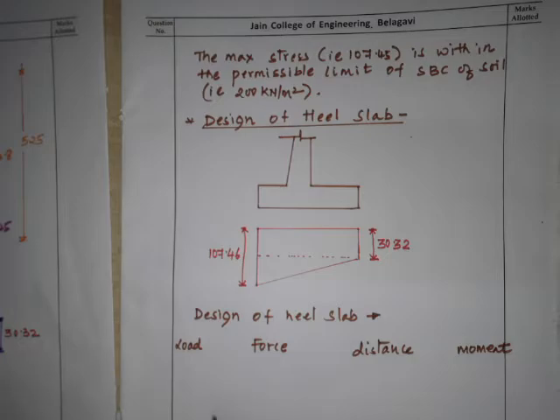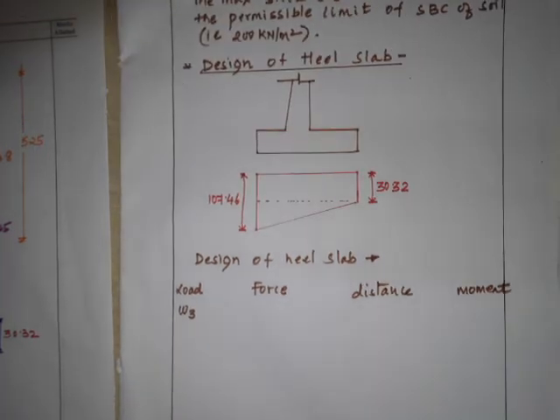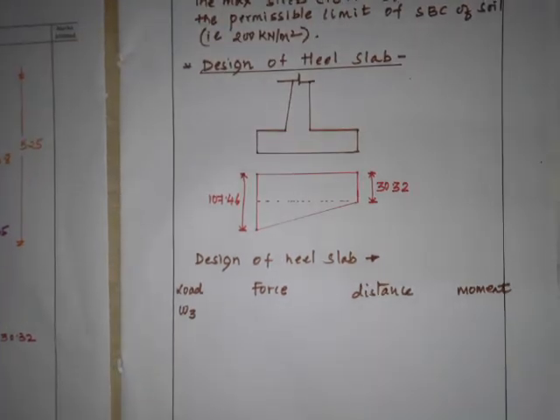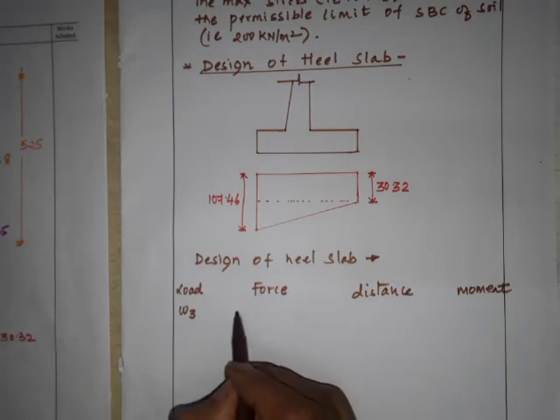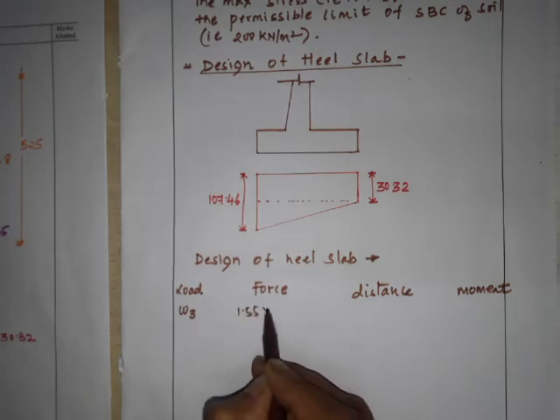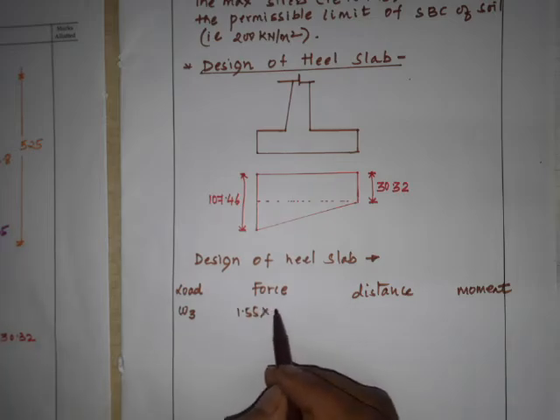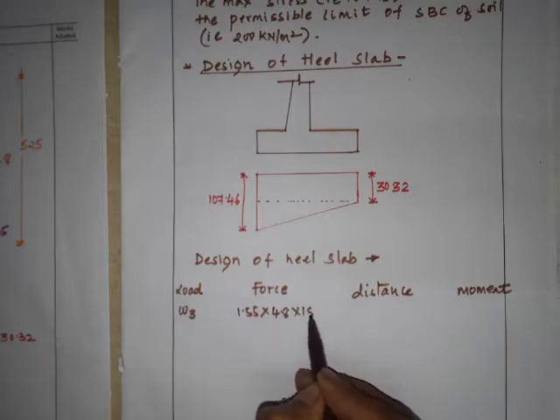First is W3. For that we have 1.55 into height 4.8 into 18.